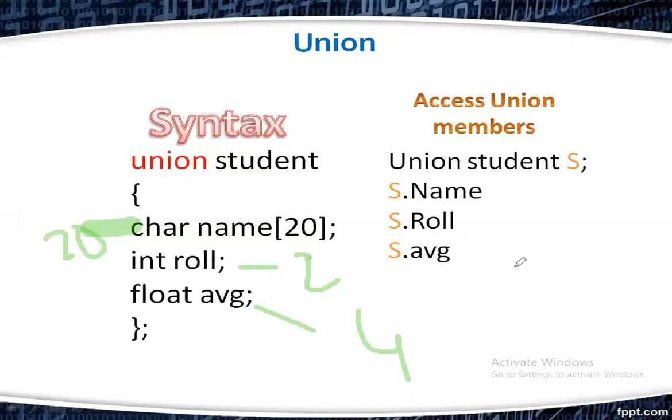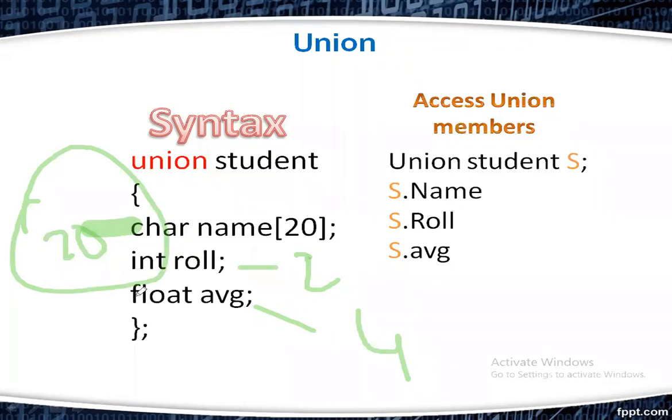Out of the 3, what is the biggest location? The biggest size is 20. So the total union size is nothing but 20. In the member fields, whichever variable occupies the most memory, that is the size of the union.